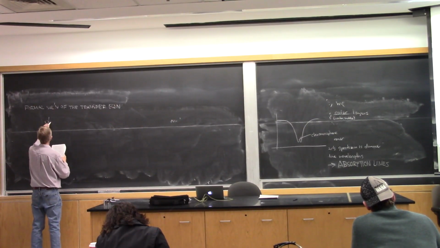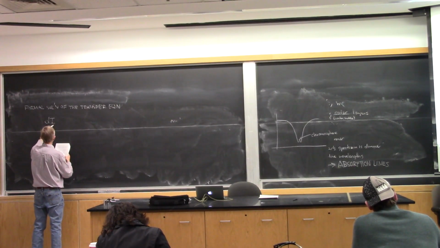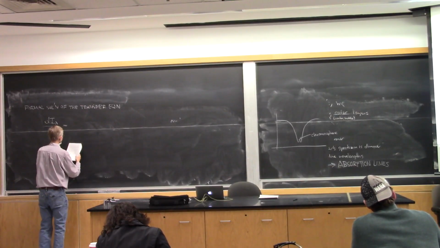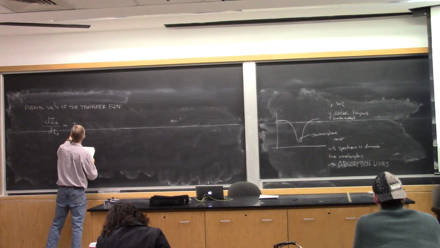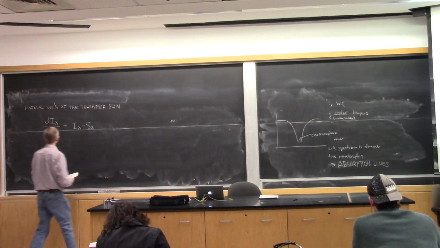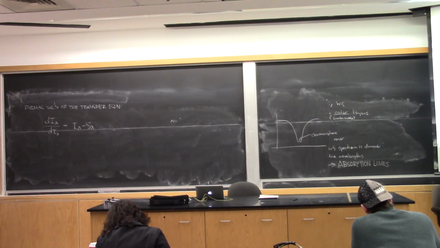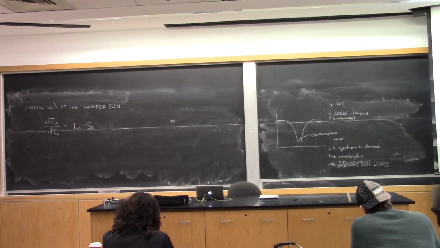So here's the transfer equation, and it's been a while, so maybe you forgot. So I'll remind you. The radiation transfer equation says that dI lambda over d tau lambda is I lambda minus S lambda, where remember, S lambda is the source function.